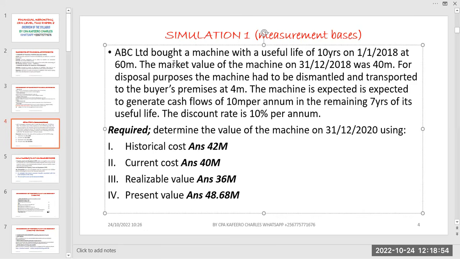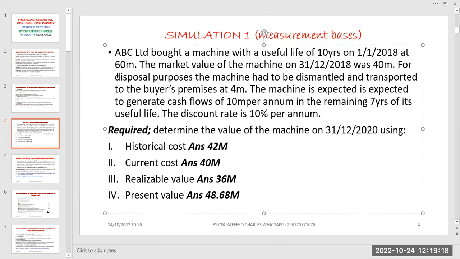And we proceed, it says that for disposal purposes, the machine had to be dismantled and transported to the buyer's premises at 4 million. These are costs we are talking about. The item was sold. Disposal meaning selling off. But if we are to sell it, we have to incur certain costs.